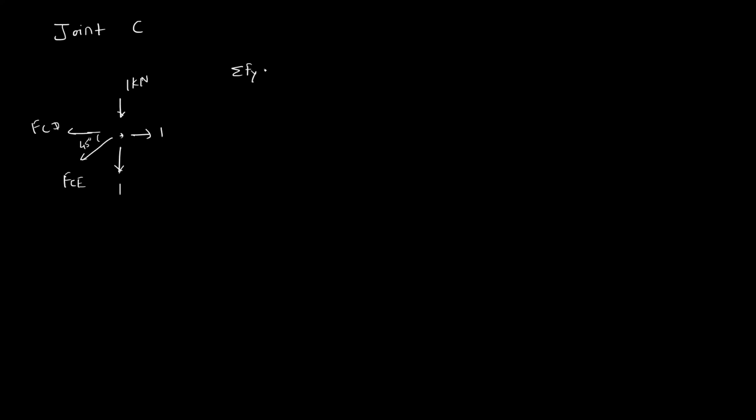Same, sigma Fy is equal to 0. We'll get 1 plus 1 plus FCE sine 45 is equal to 0. From this we'll get the value of FCE is equal to minus 2.828 kilonewton.